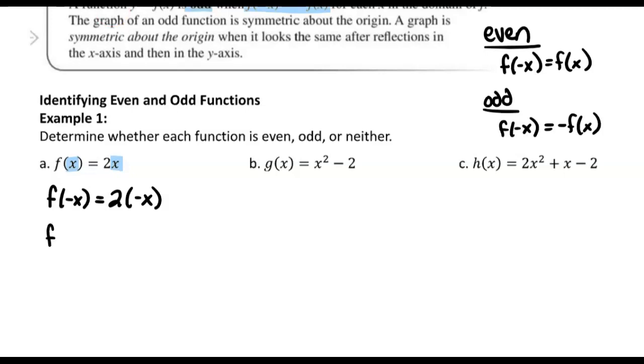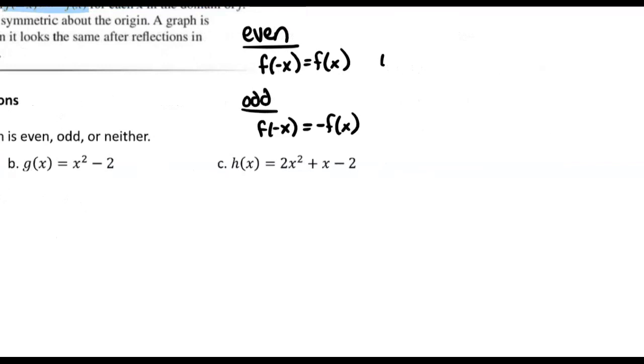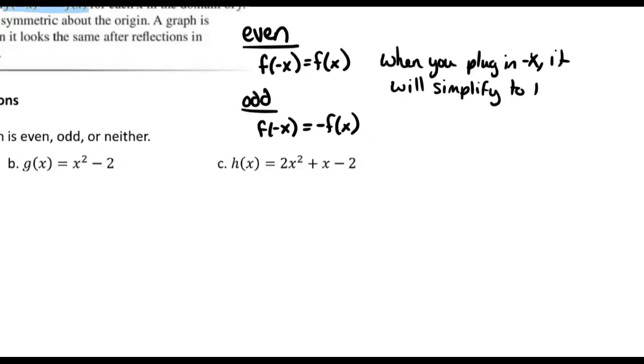So I'm going to still have f of -x, that's just the title. 2 times -x is negative 2x. Now, if it is even, then when you plug in negative x, it will simplify to the original function that you have.